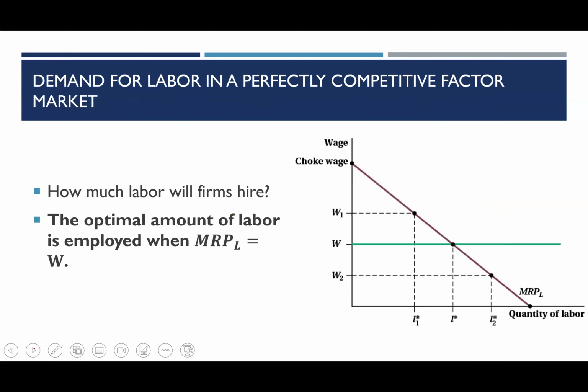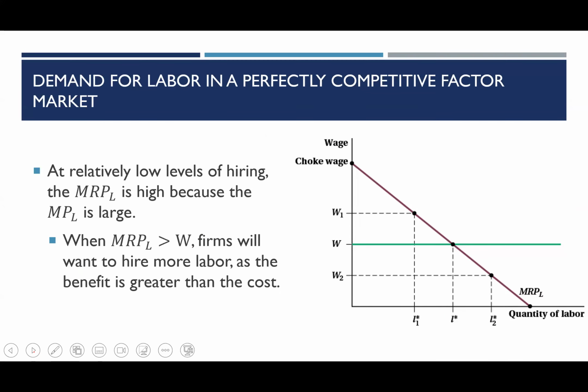All right. So how much labor will firms ultimately hire? It's when the benefits to hiring those workers equal their costs, so essentially at the point where marginal revenue product equals the wage. And that gives us that optimal amount of labor.